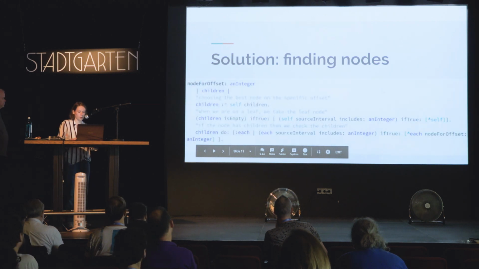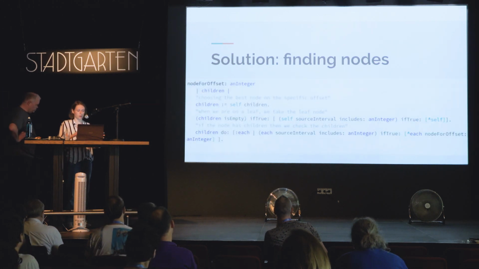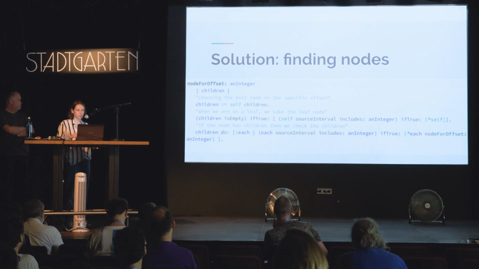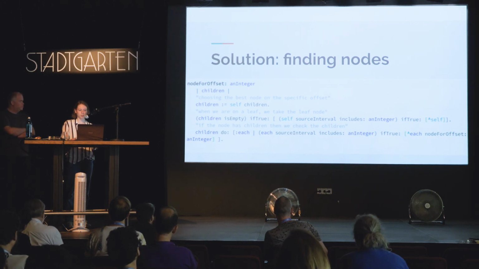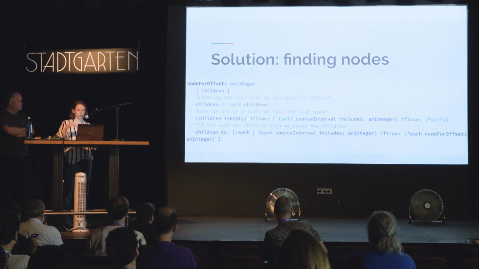And the way we find nodes to begin with, after we've parsed the source code, we go into the node for offset method. There used to be a best node for, which basically finds the best node for the code that we have. So we go into the node and check if it has children. If it does not, then this is the node that we need. If it does, then we go to the children and check if they fit better.